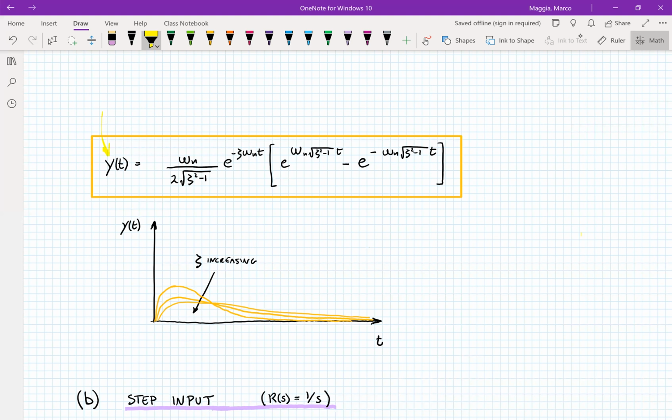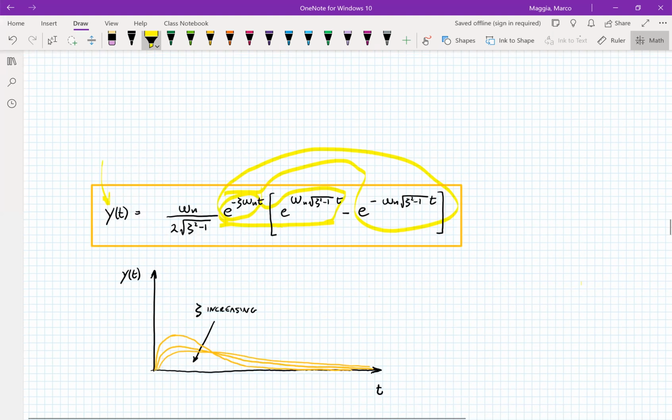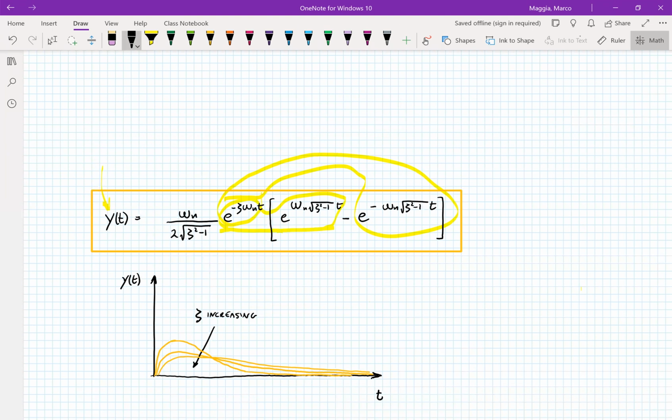So you see here, asymptotically, we have two exponential functions, 1 and 2. So one has this and one has this. And although it looks mathematically more complicated, qualitatively, it kind of resembles the critically damped case.